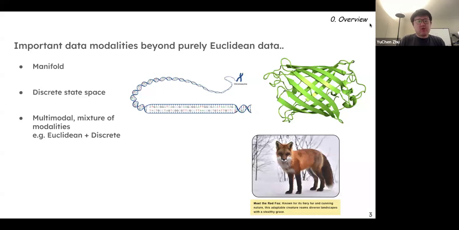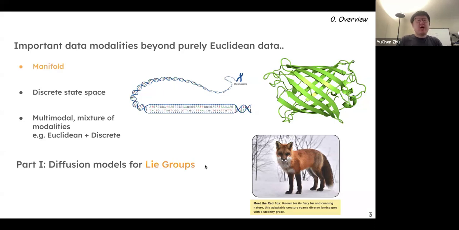And more importantly, in real applications there's an abundance of multimodal data, which contains a mixture of all these modalities discussed before. So how to do diffusion generative modeling on these data modalities is a separate question that is worth our investigation.